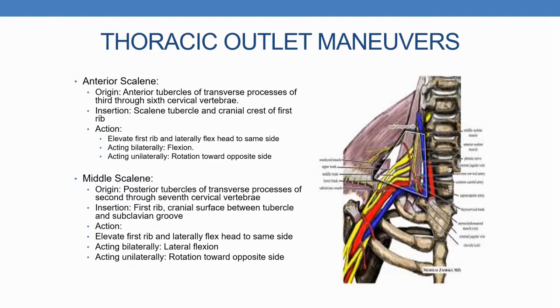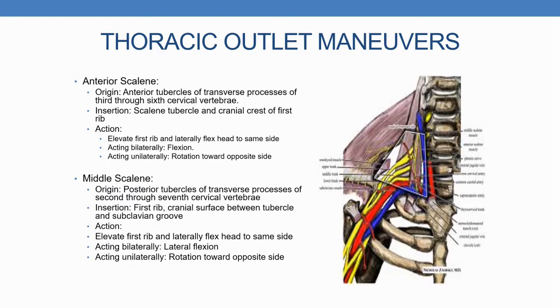Now, the action of the anterior scalene is to elevate the first rib, so it's actually an accessory muscle of respiration, and then also to laterally flex the head to the same side. So the left anterior scalene laterally flexes the head left, the right anterior scalene laterally flexes the head to the right.